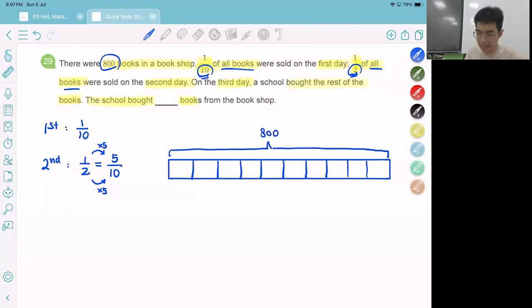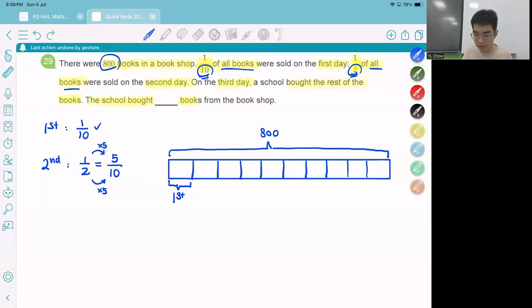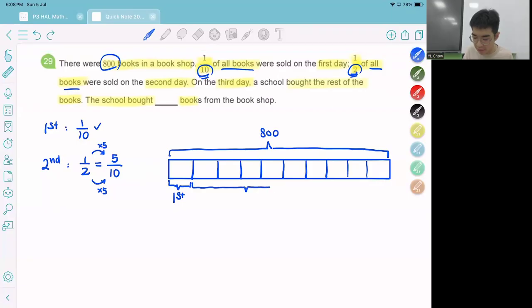The total is 800. Now follow the question's fractions again. 1 over 10 of all books was sold on the first day. So out of the 10 units, 1 unit was sold on the first day. Then 5 over 10 was sold on the second day. So out of the 10 units, 5 units were sold on the second day.